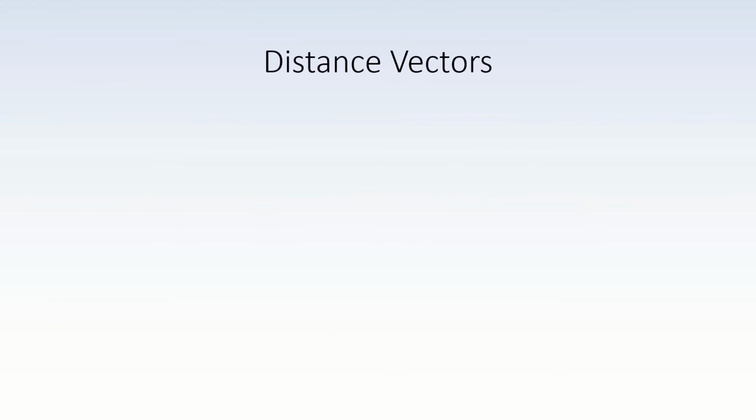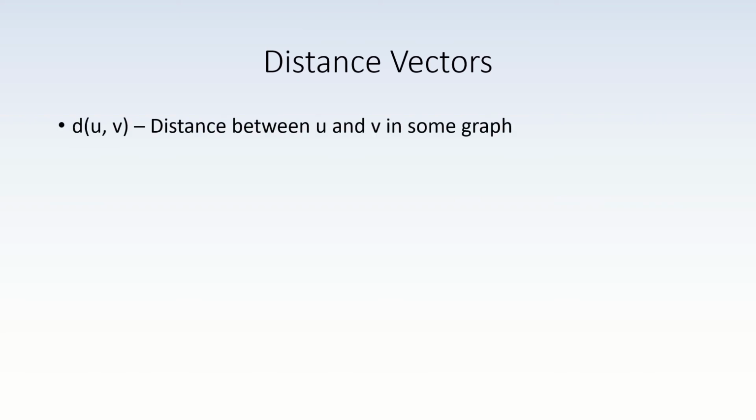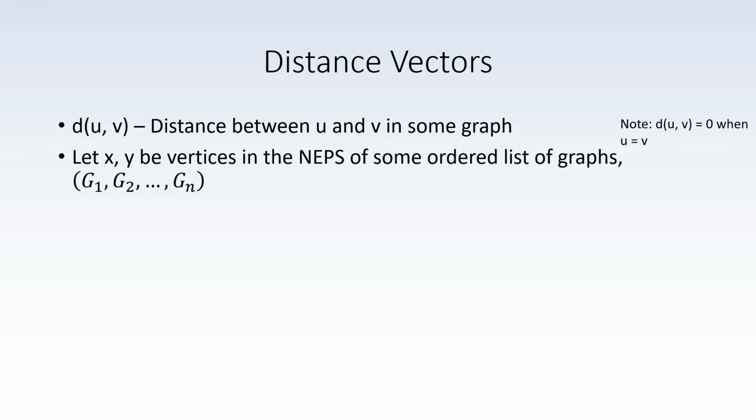To make this a bit clearer, let's define the concept of a distance vector. If we have two vertices in some graph, we can denote the distance between them like this. We define the distance from one vertex to itself to be 0. Now let x and y be two vertices in the NEPS of some ordered list of n graphs.